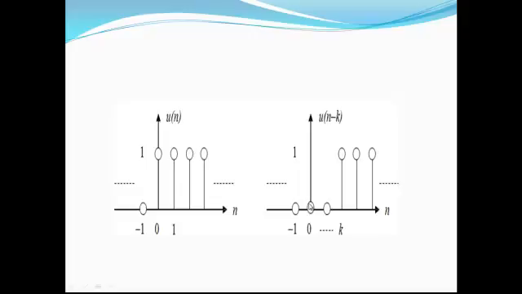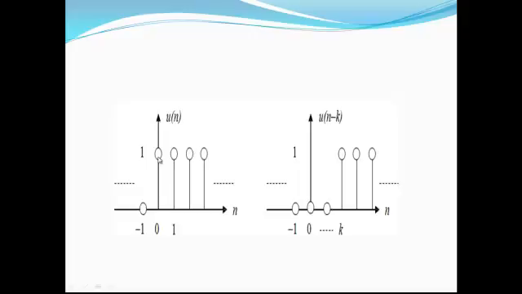Once more. This is a unit step sequence, and this is a step sequence delayed by one. In the example, it's k. So suppose here it is 1. Now when I delay it by 1 and subtract this from this, you'll get only this stick.